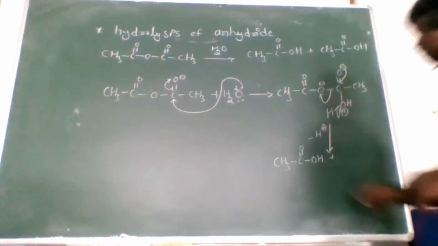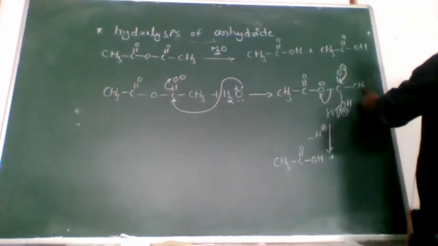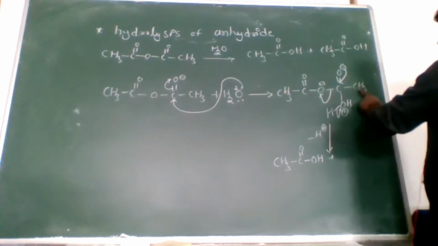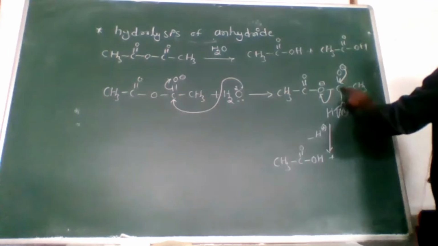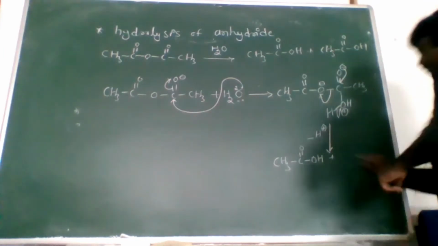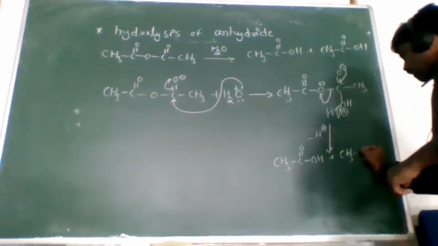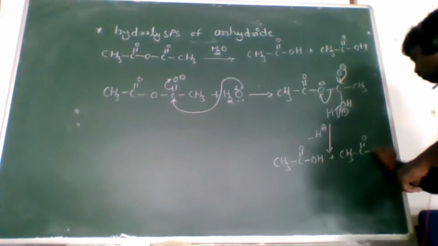Acetic acid is removed there, and once again look at here to see another mole of acetic acid removed here, CH3 C double bond O OH, CH3 C double bond O OH.